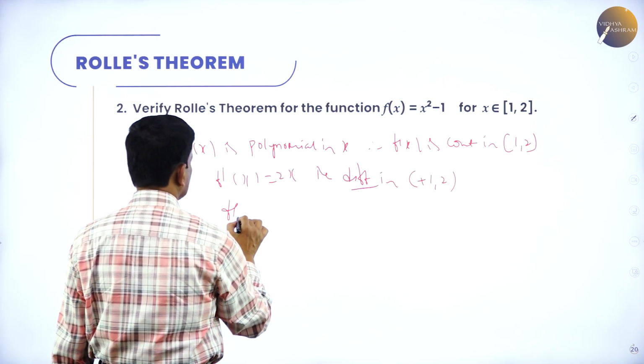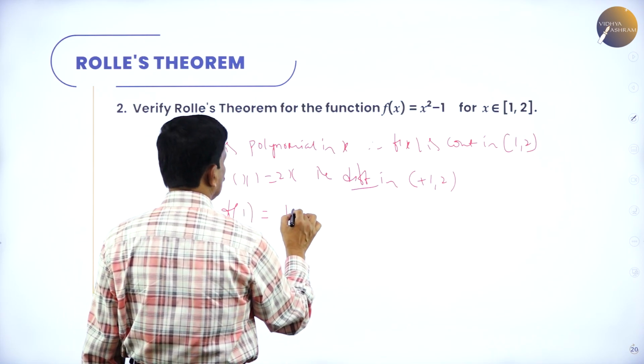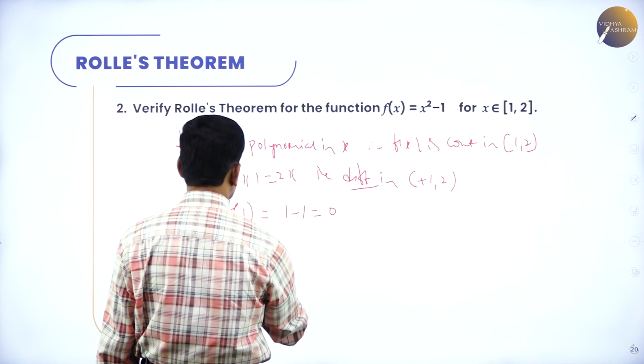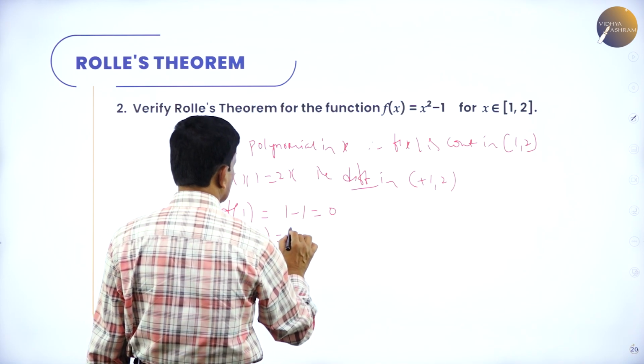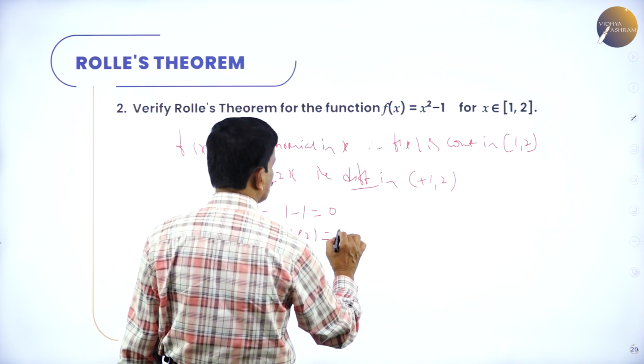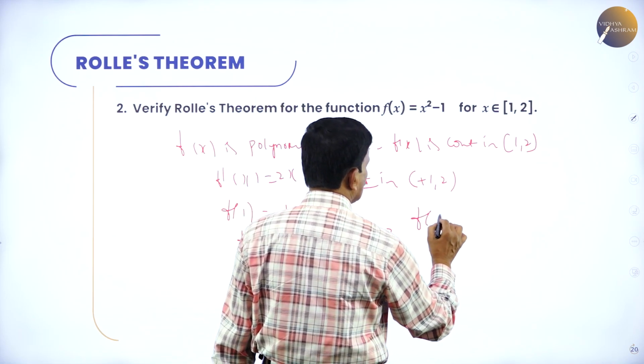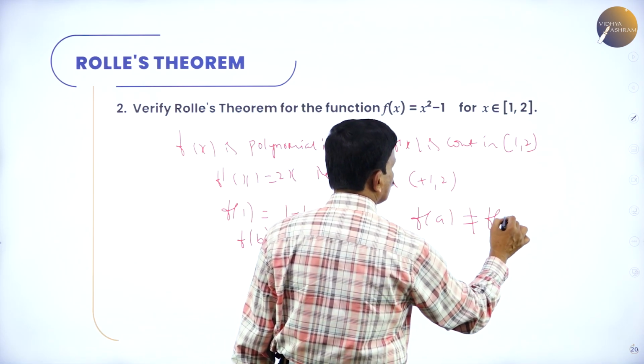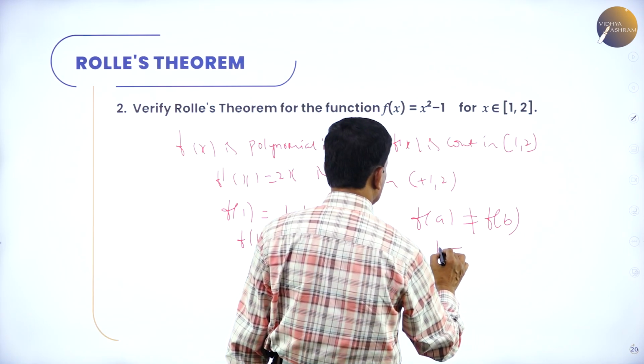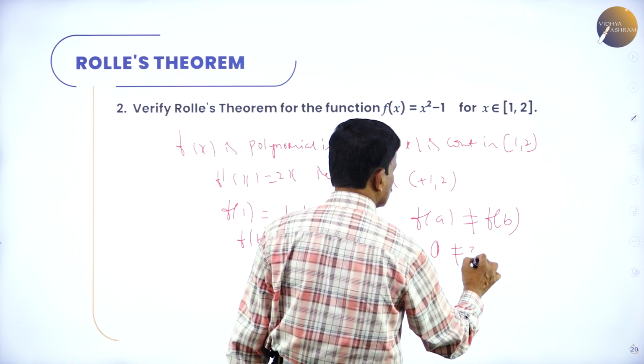Now f of a, f of 1 is equal to 1 square minus 1, which is 0. f of b, that is f of 2, is 2 square is 4 minus 1, that's equal to 3. See here, f of a is not equal to f of b. 0 is not equal to 3.